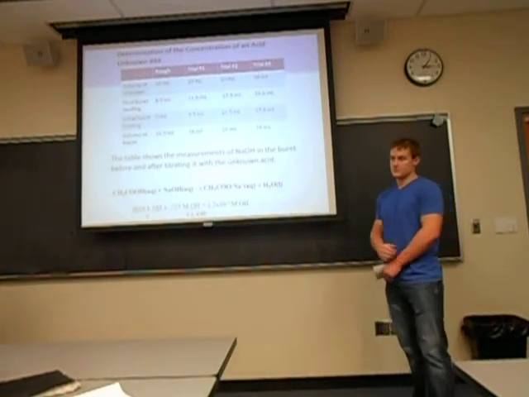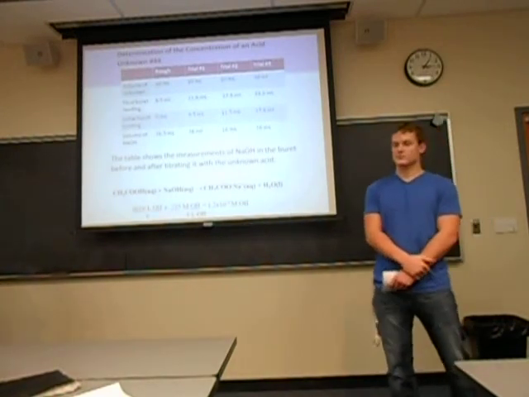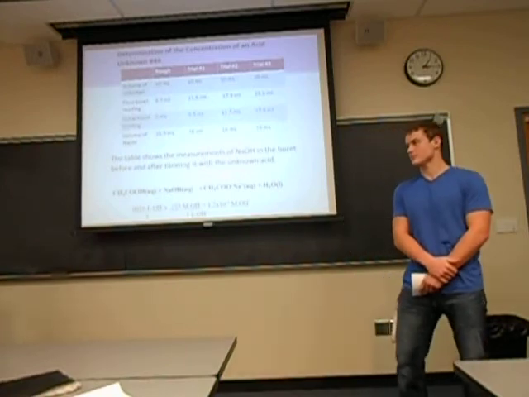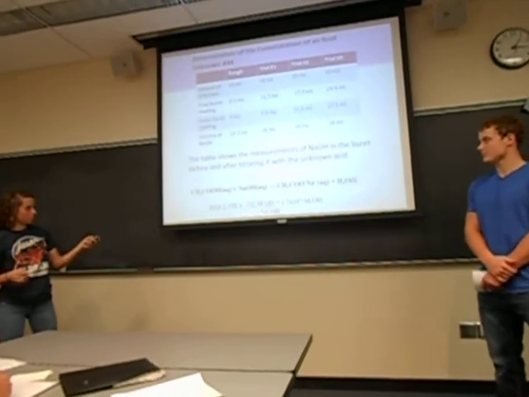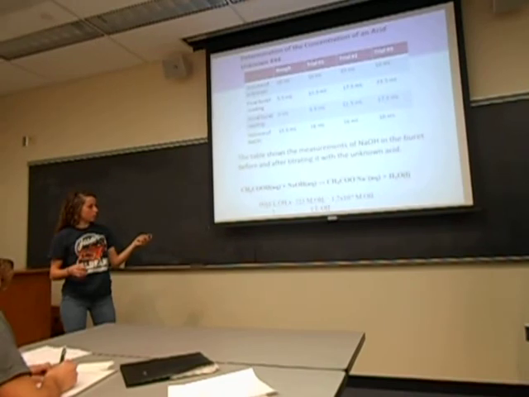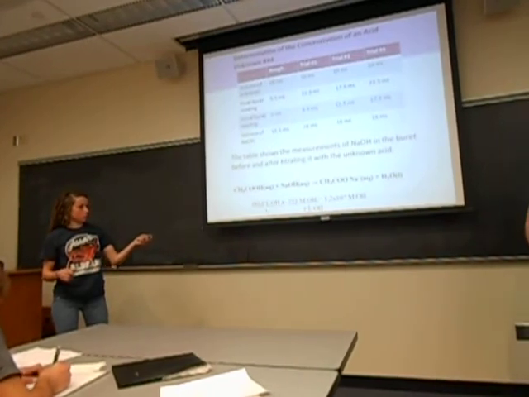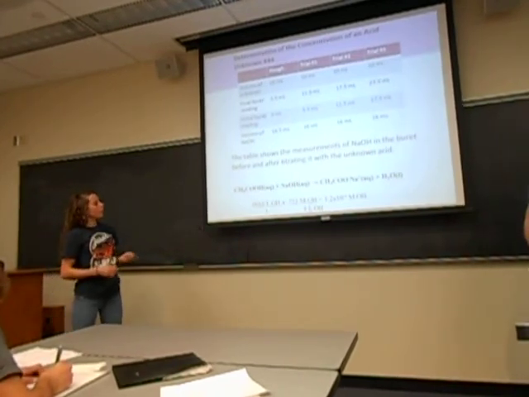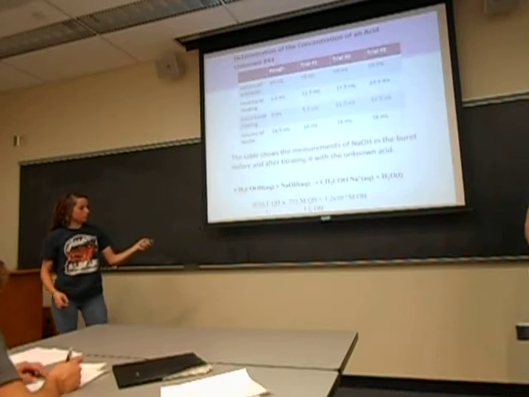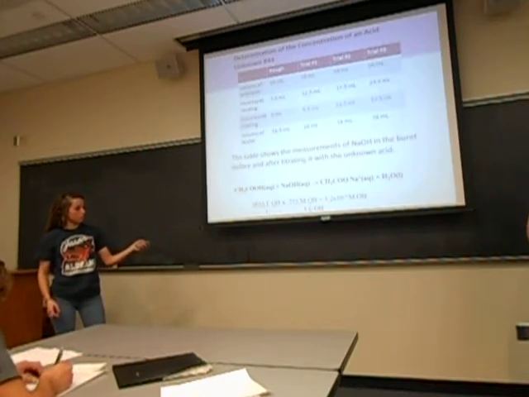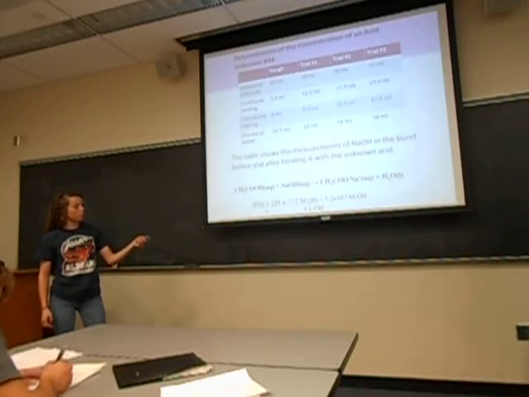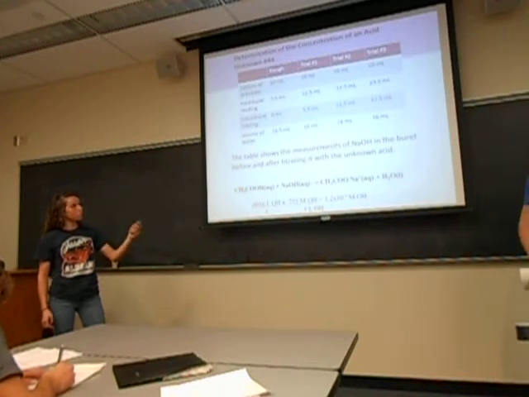To determine the concentration of our unknown weak acid, we used the balanced chemical equation right here with NaOH, which dissolves and goes into water. We took the 16 milliliters, converted it to liters, so the liters cancel out, and the given was 0.755 molar of NaOH, and we got the moles of OH.